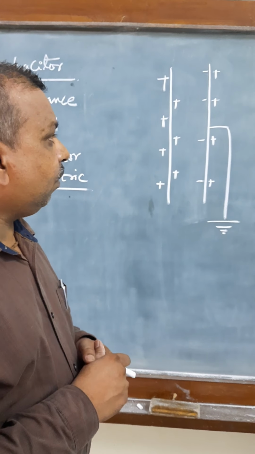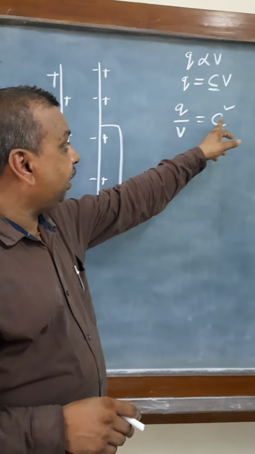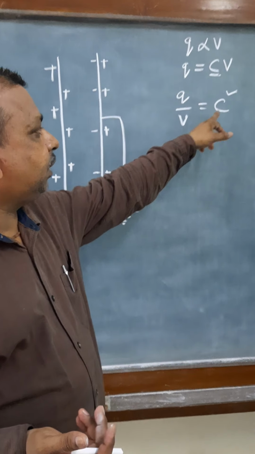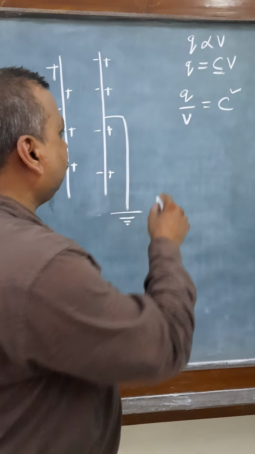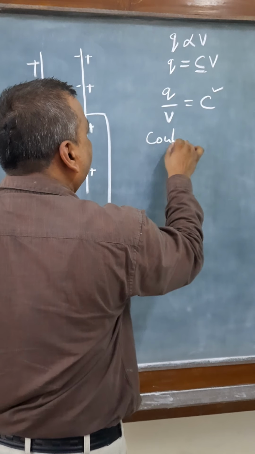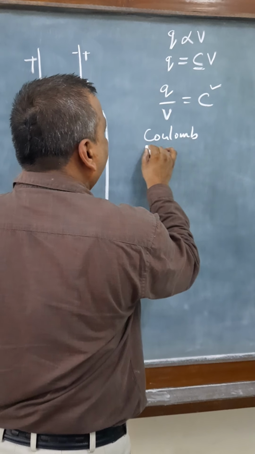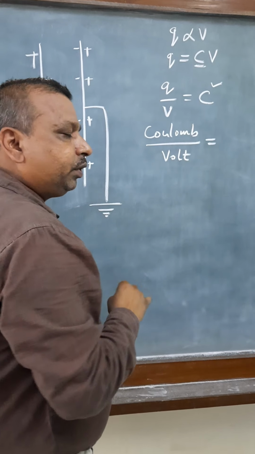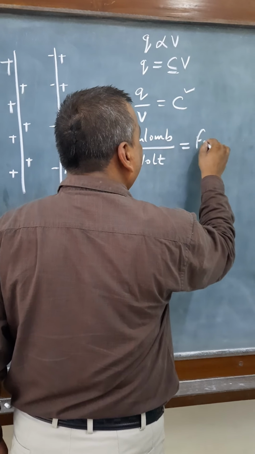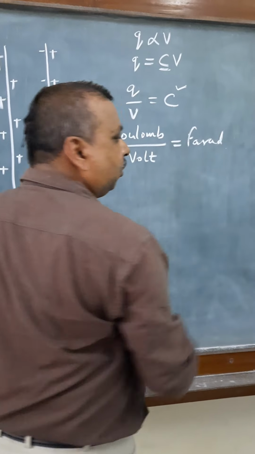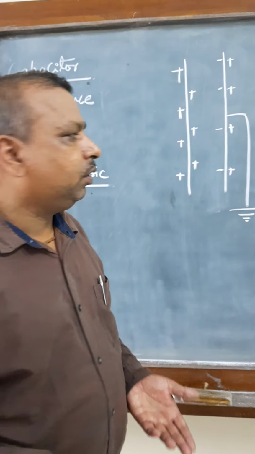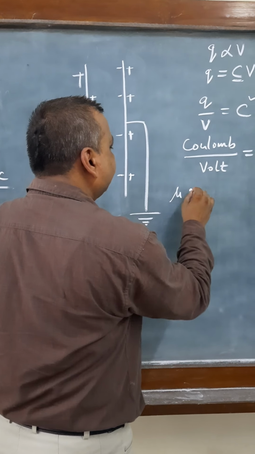Now in this formula, C is equal to Q upon V, so the unit of capacitance is coulomb per volt, and this coulomb per volt is known as farad. Farad is a bigger unit, so the smaller units are used, like microfarad and picofarad.